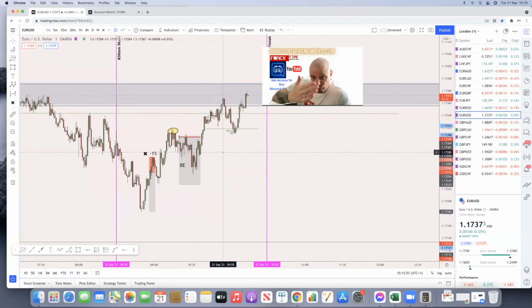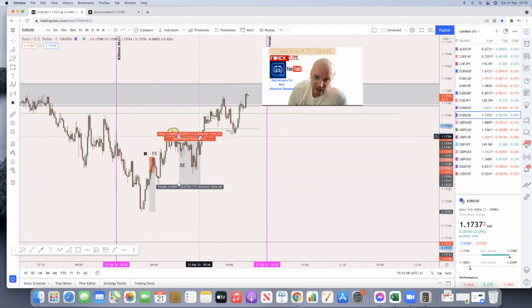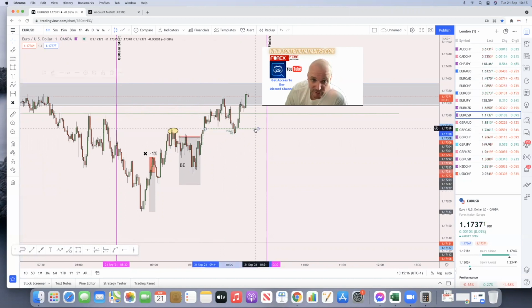You've got a lot of different rules, whereas a lot of people will just go, right, it breaks up, we'll take it, with no initial analysis based upon where a stop loss and a take profit would be, if that makes sense.